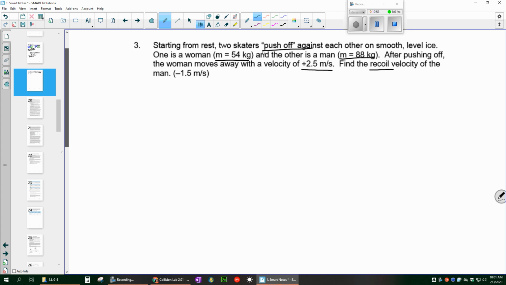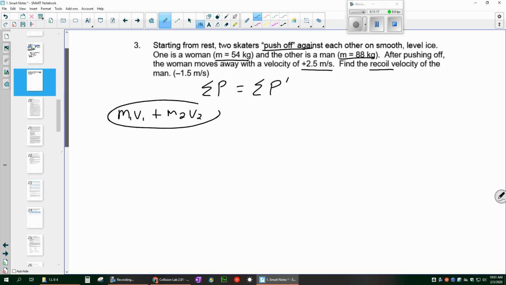Let's go through here. You can do the same thing. We'd say the sum of the momentums before is equal to the sum of the momentums after. And you could write it out, like, don't write this, but you could write it like this: mass 1 times velocity 1 plus mass 2 times velocity 2. But then the velocity of both of those was zero. So all of this on the before side is really just zero.